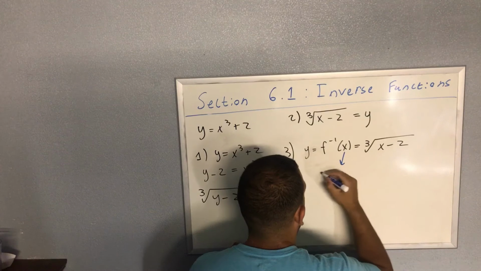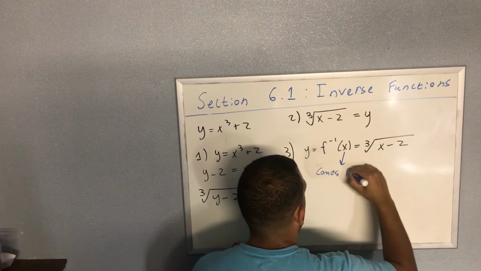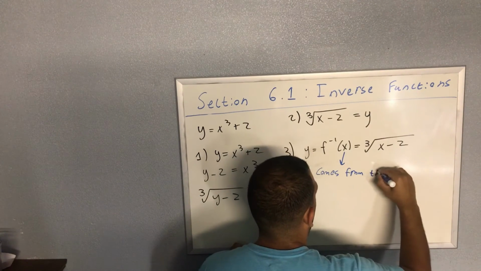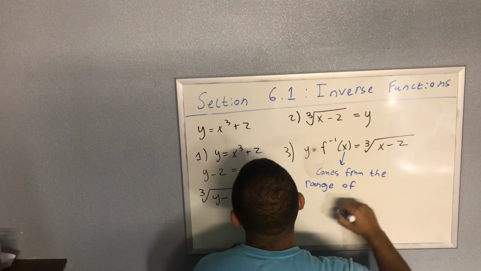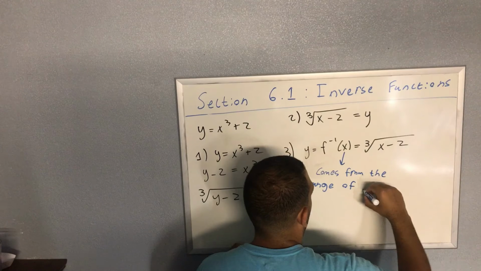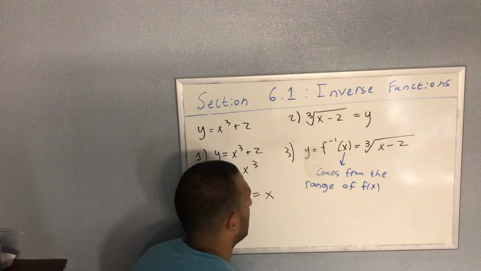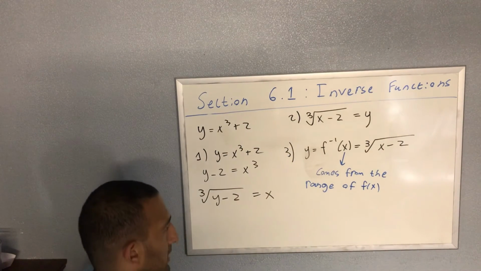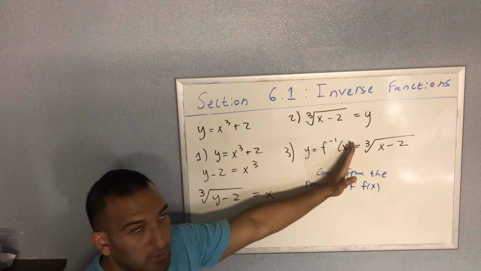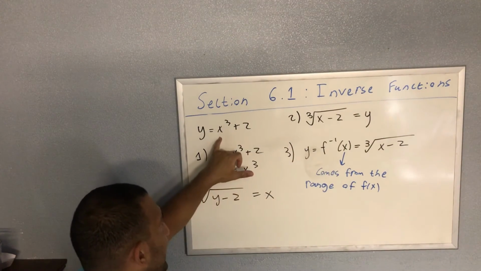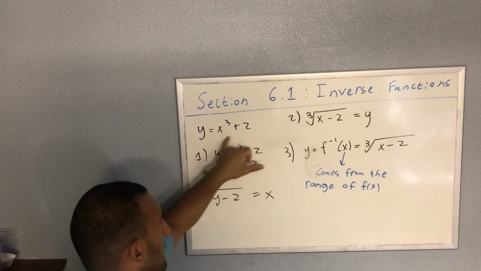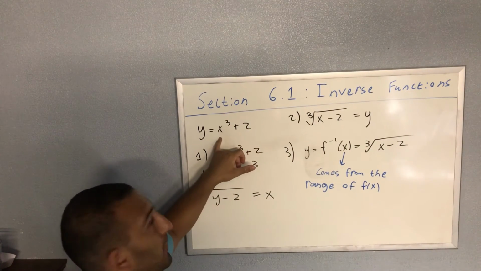But this x comes from the range of f of x, the original function. So remember, the input of the inverse function comes from the output of the original function. This x here for the original is just from the regular domain.